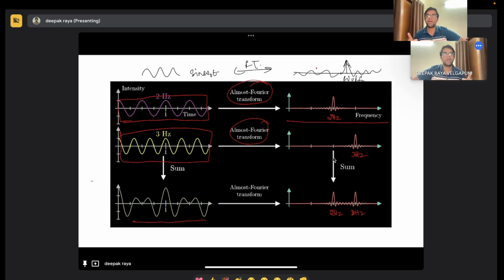The Dirac delta function has a special property that when you convolve a signal with it, it is very intuitive because it has area 1 at that point, at 0, or if you have delta of omega minus omega naught, at omega naught you have area 1. So when you do a convolution operation, you get the whole signal at that position.